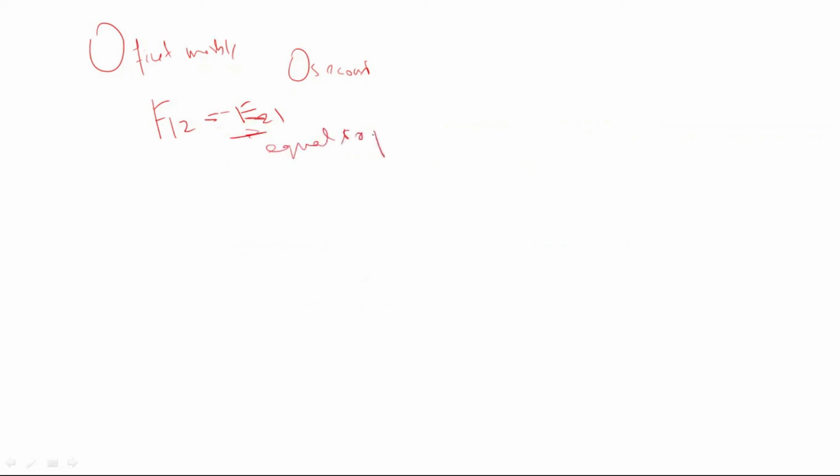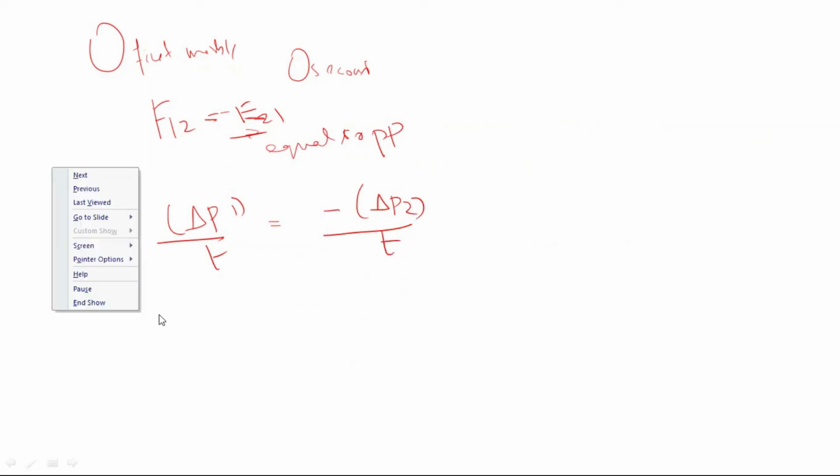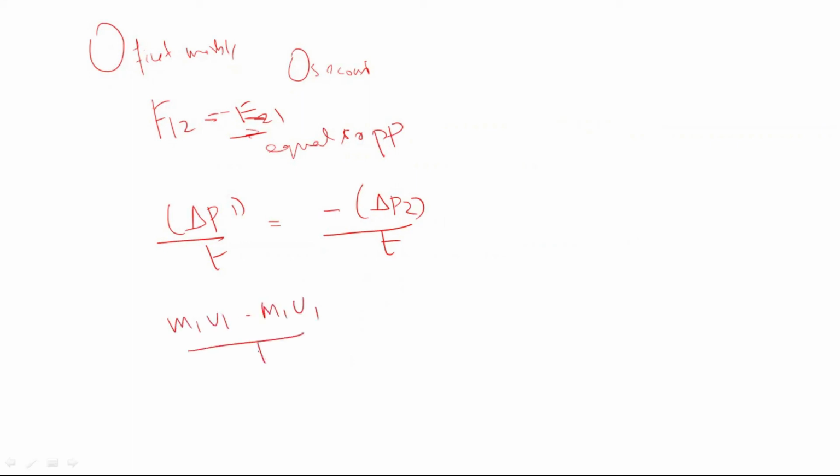So F12, denoted by delta P1 by t, is equal to minus delta P2 by t. So (m1 v1 minus m1 u1) divided by t is equal to minus (m2 v2 minus m2 u2) divided by t.